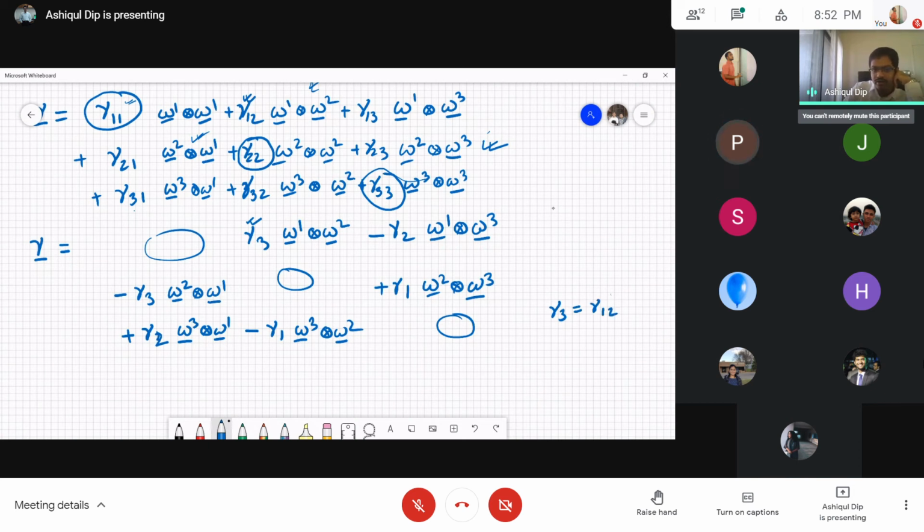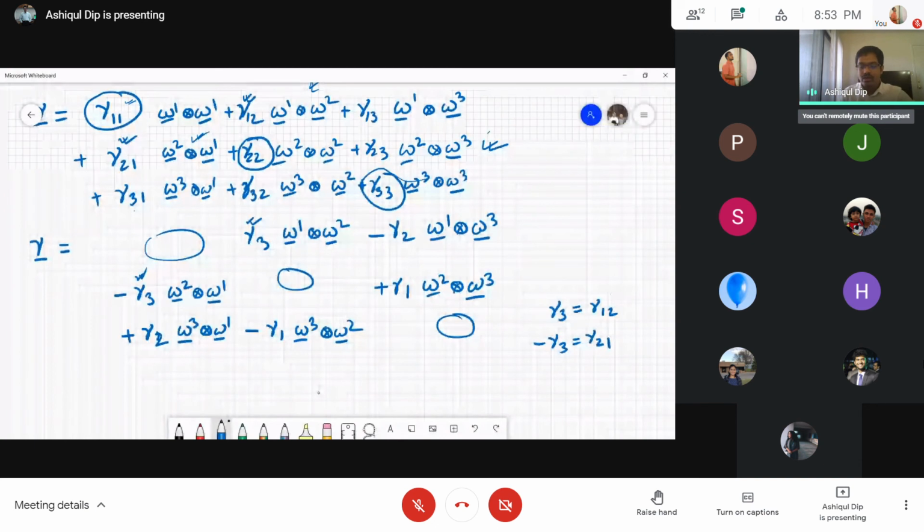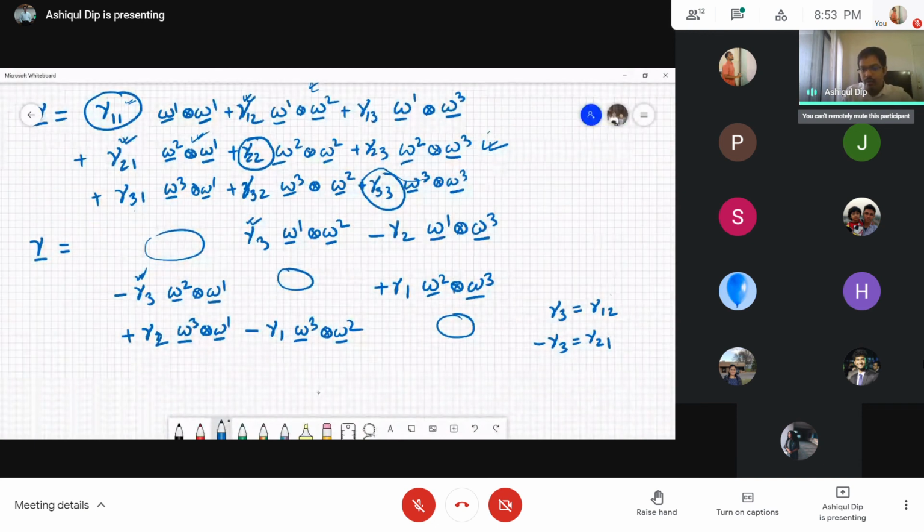Comparing, again this thing has to equal that thing, right? So negative gamma 3 should be equal to gamma 2 1, right? And you can show this from any of those components.